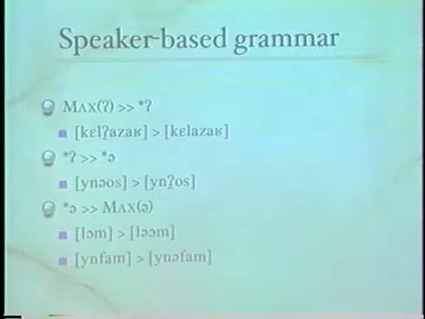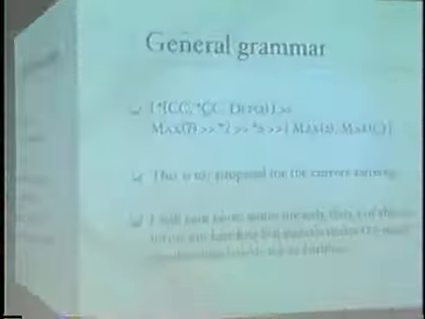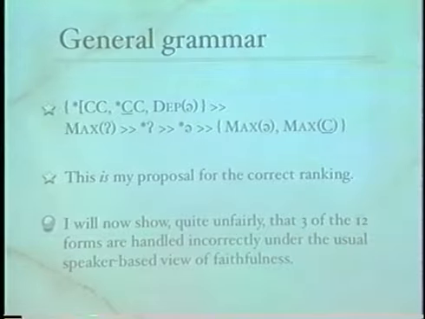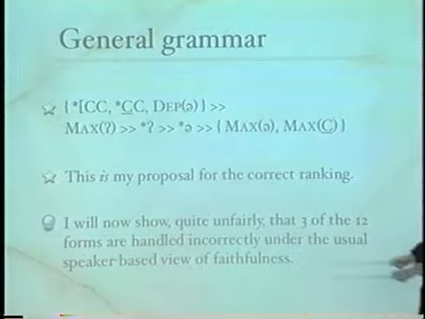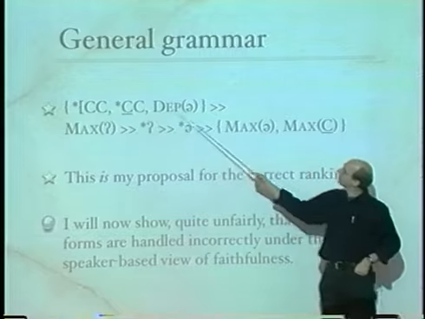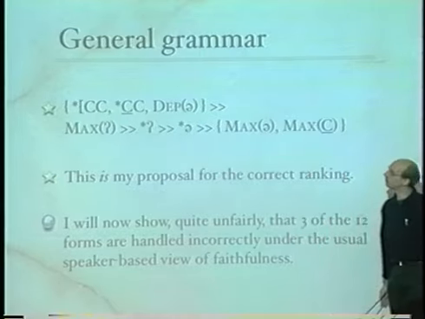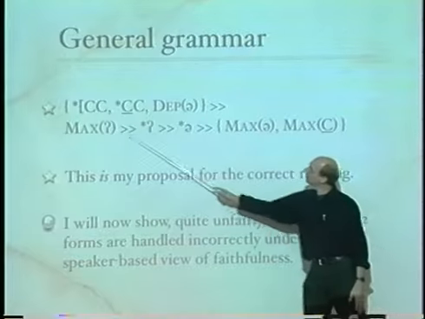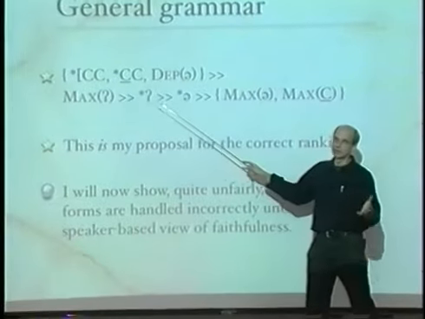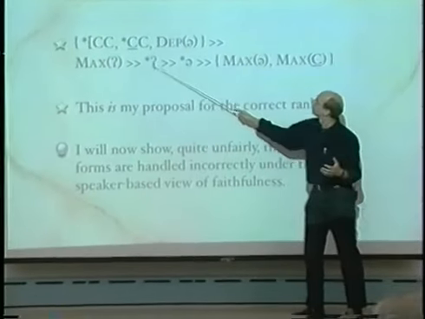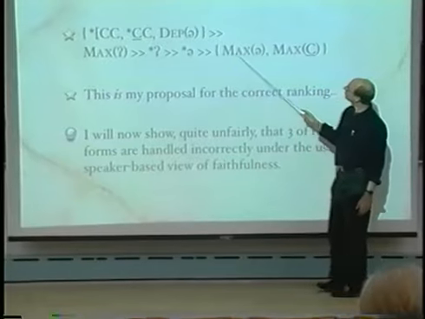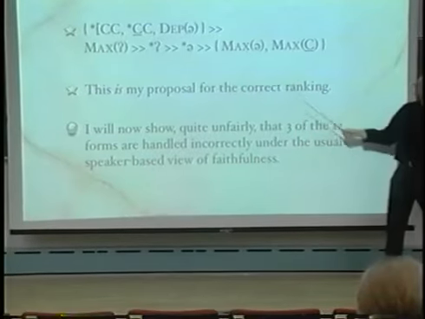Okay. That was fast, wasn't it? So the constraints that we have seen that were never violated, I propose that they are on top of the grammar. They outrank all the other constraints. And this is the ranking that we have seen, parts of. And the lowest ranked constraint is MAX schwa.